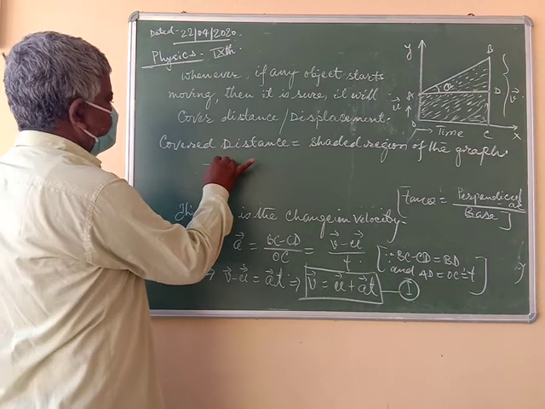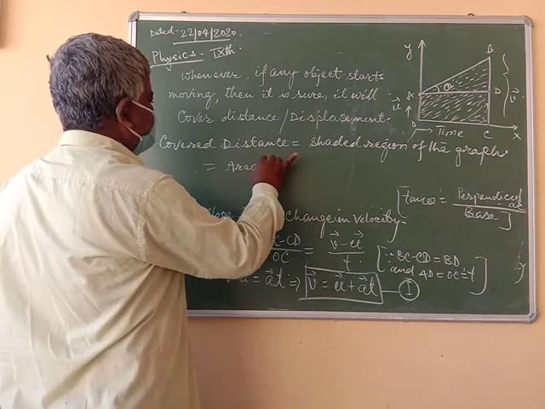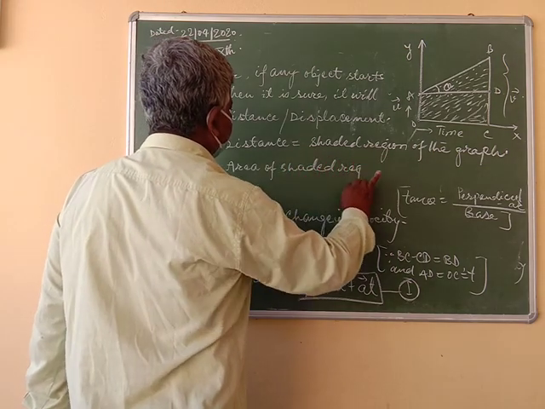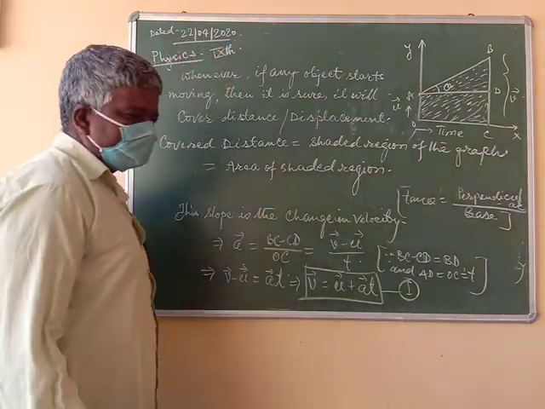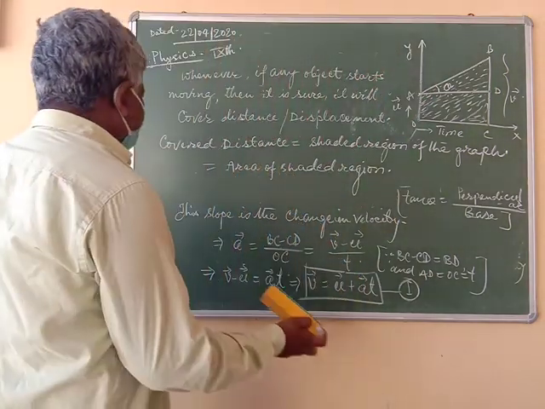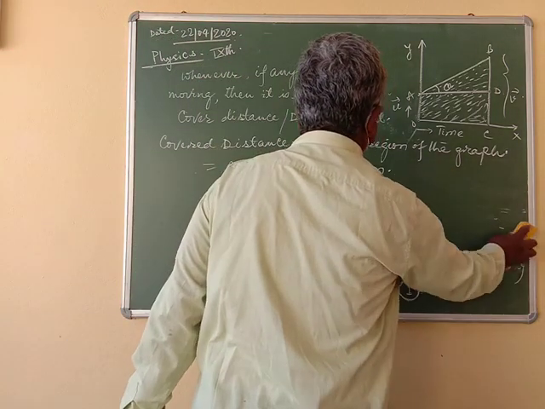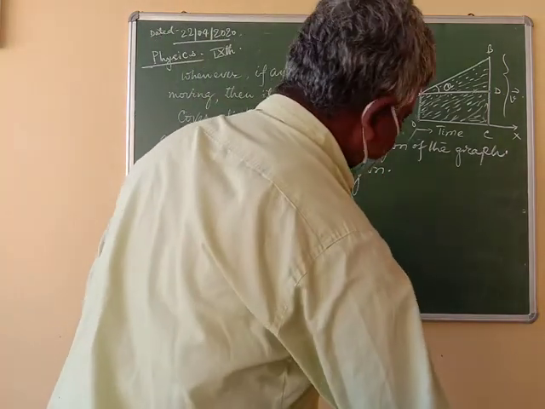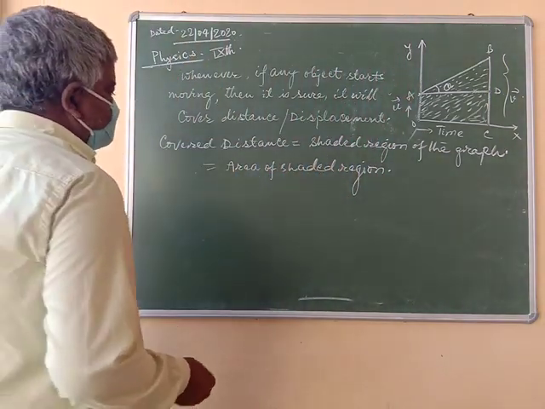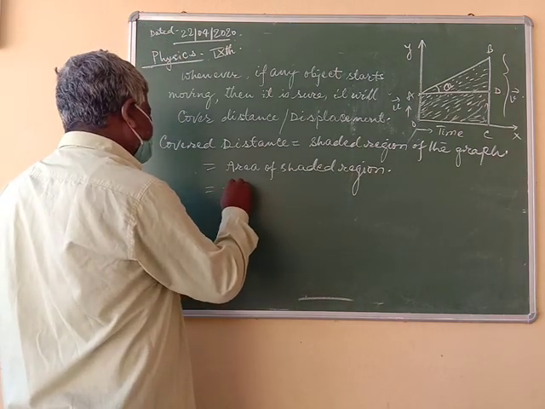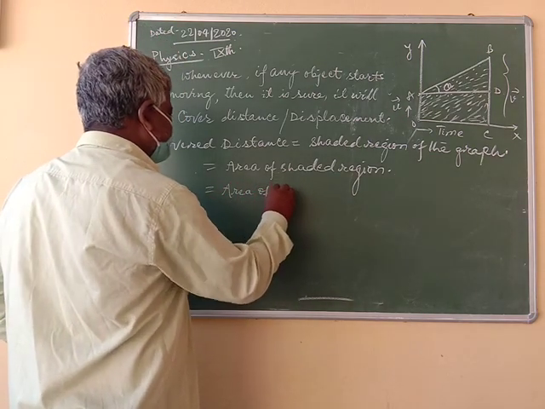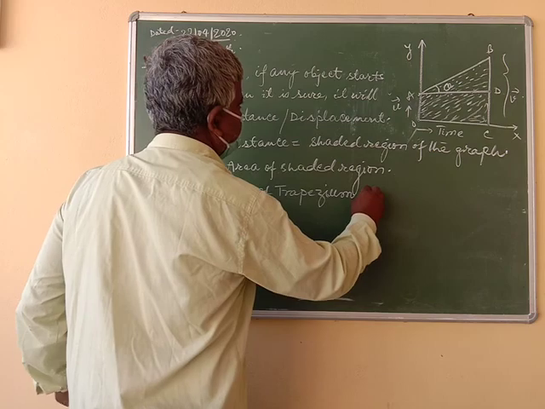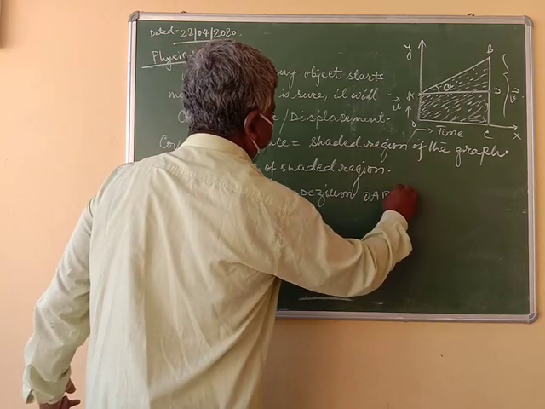And that is the area of the shaded region, the area of trapezium OABC.